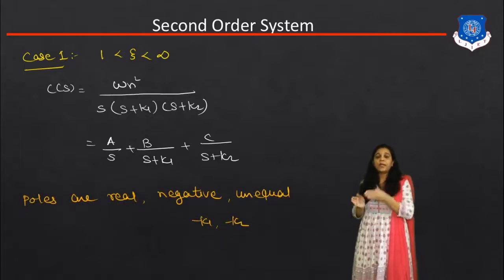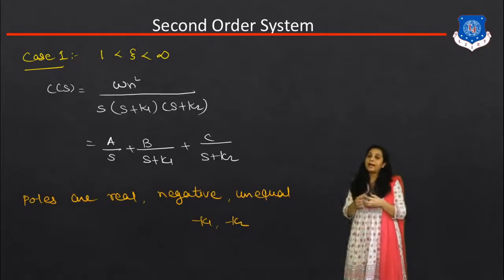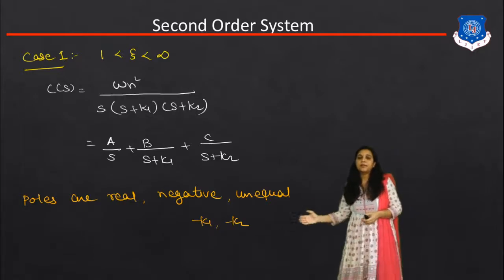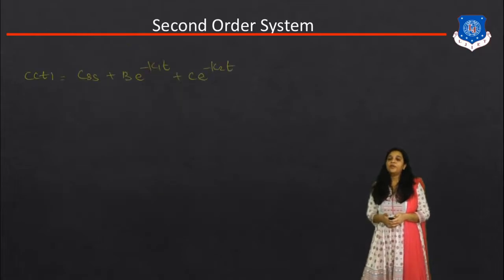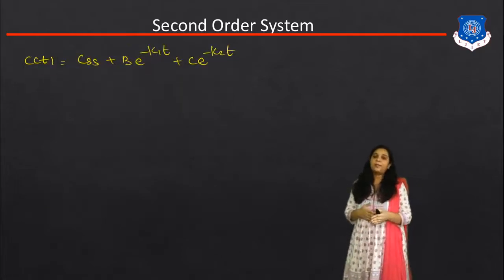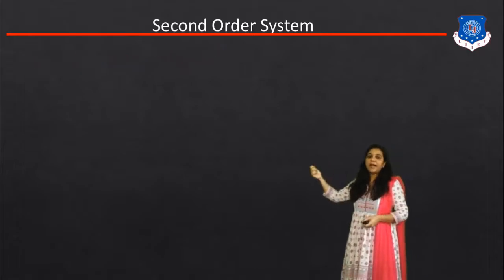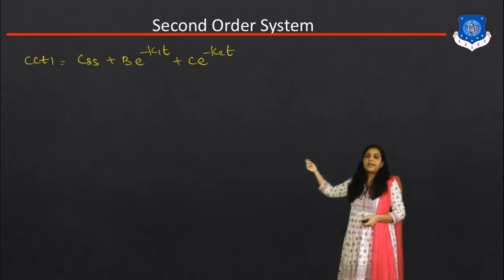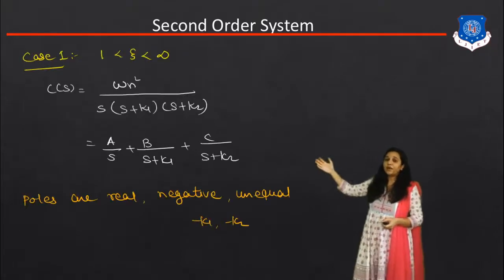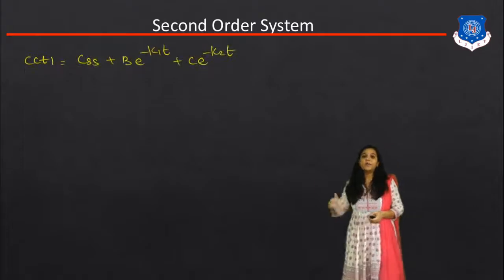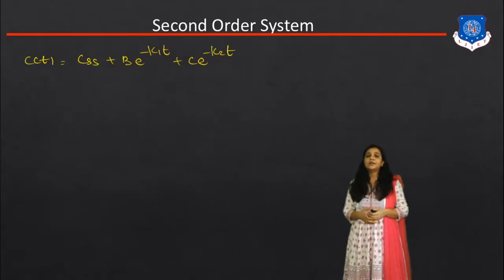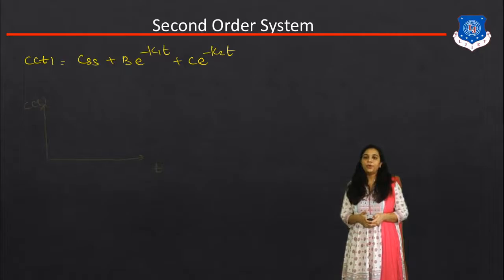So we get the poles, which are real, negative and unequal, that is minus k1 and minus k2. If we want to find the inverse Laplace of this equation, the inverse Laplace of 1 by s is 1, the inverse Laplace of 1 upon s plus k1 is e raised to minus k1 t, and the inverse Laplace of 1 upon s plus k2 is e raised to minus k2 t.